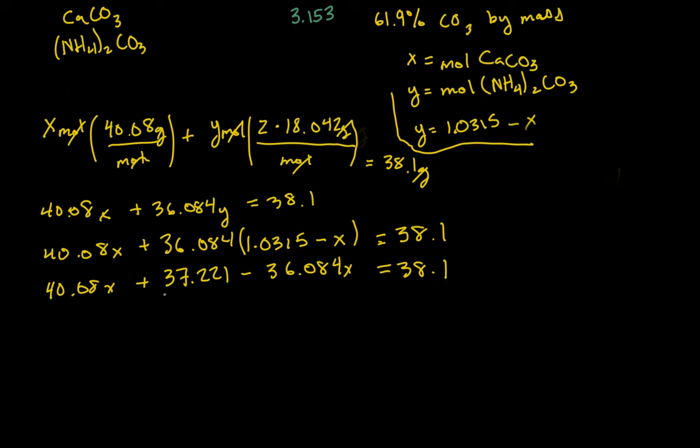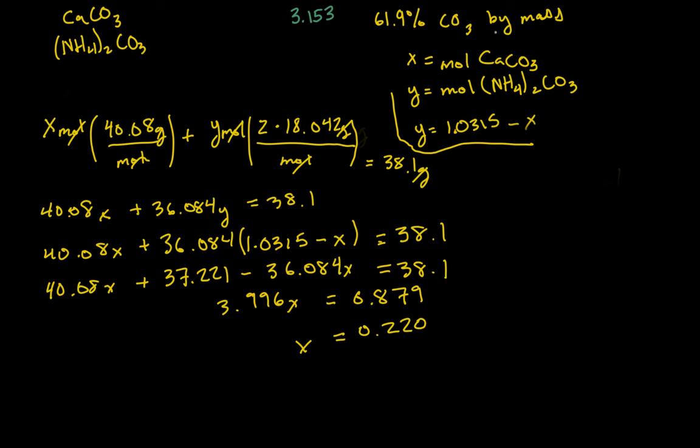Okay, collect our like terms. We get 3.996X equal to 0.879. Right, and solve that by simple division, and X is equal to 0.220.